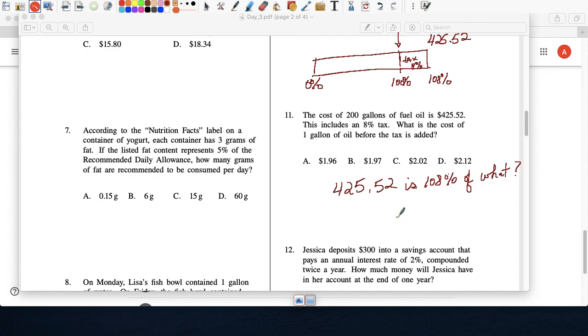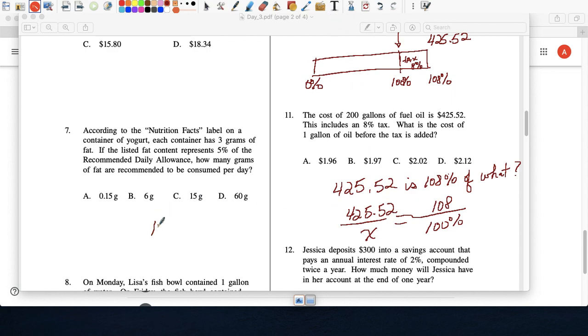You can set up a percent proportion if you want. This one's a little bit different. So 100% is what I don't know. I know that 108% is 425.52. We can cross multiply.